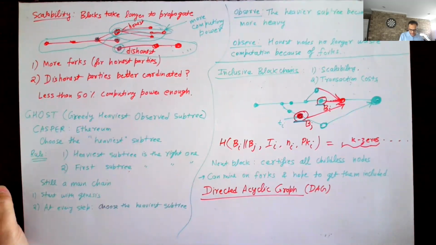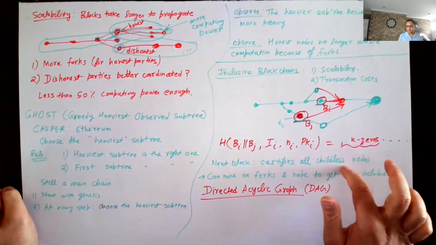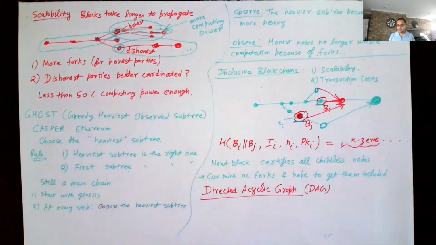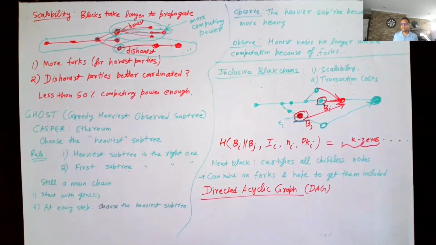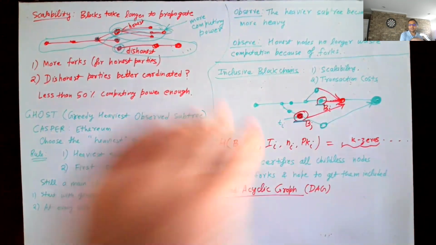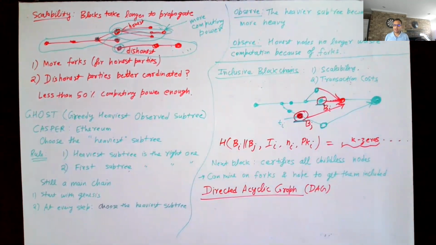So it just certifies all childless nodes, which in particular means that the last node in every fork is certified. Okay. And once the last node is certified, all the previous nodes are certified automatically as well, because the last node, in some sense, certifies the node before that, which in turn certifies the node before that, and so on.